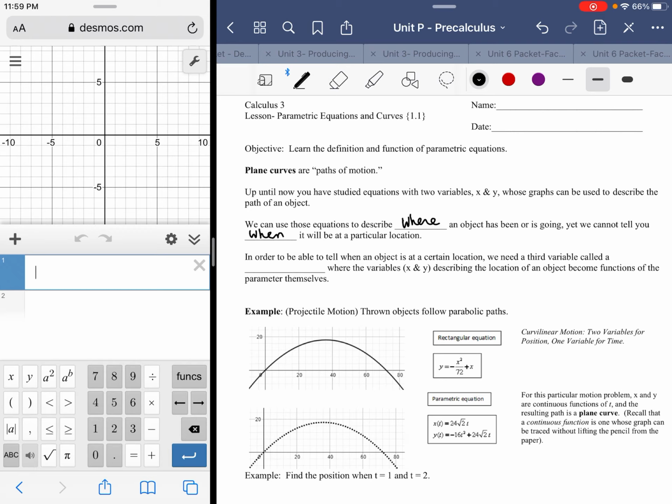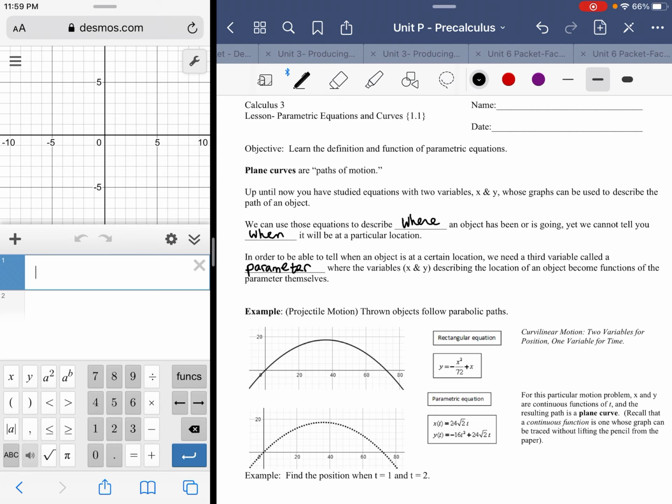In order to be able to tell when an object is at a certain location, we need a third variable called a parameter, where the variables x and y describing the location of the object become functions of the parameter themselves.